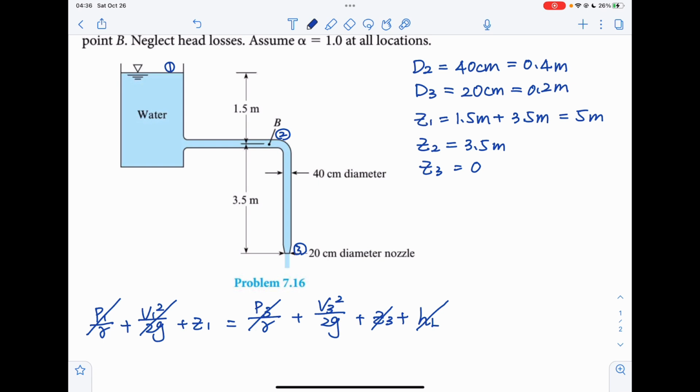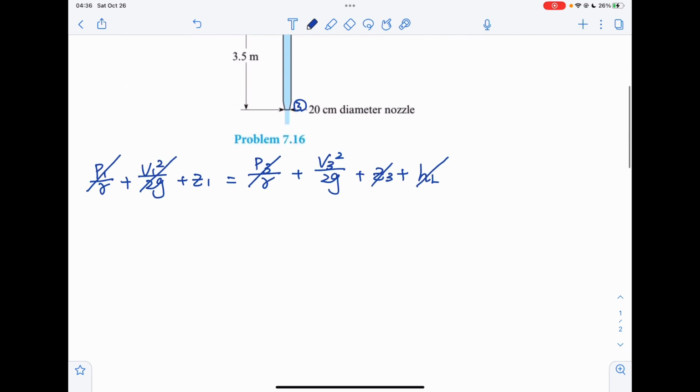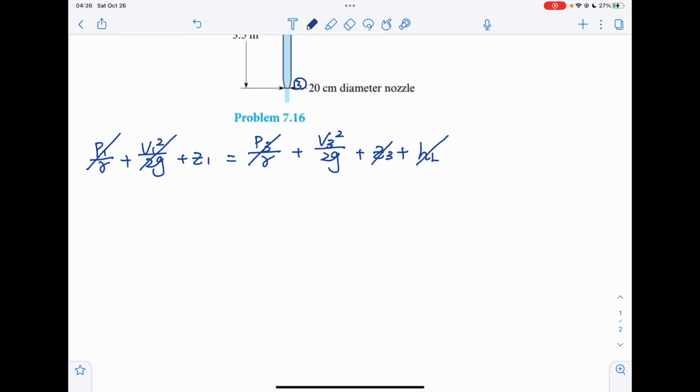This leaves us a very simple equation: V3 squared over 2g equals Z1. Z1 is 5 meters, and we can solve for V3, which equals 9.9 meters per second.